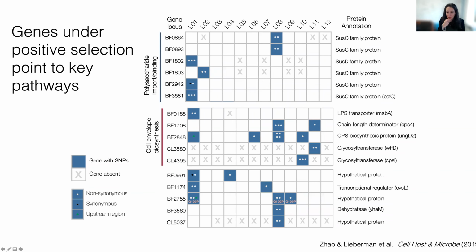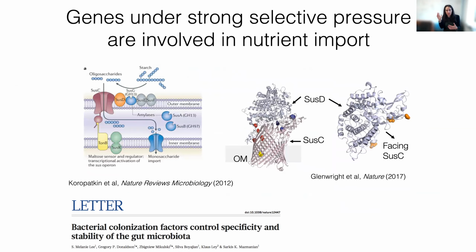Okay. So what's a sus-C or a sus-D gene? These are importers of complex polysaccharides that sit in the outer membrane, and we don't know which polysaccharide each importer works for, but we do think that each one is involved in some sort of complex polysaccharide, either from the diet or from the host.